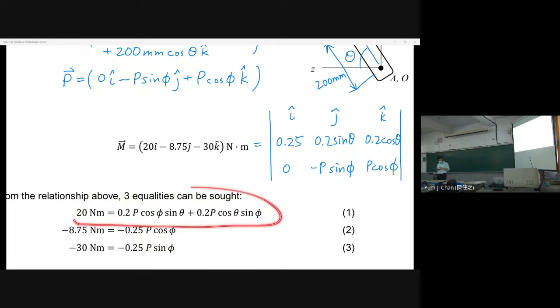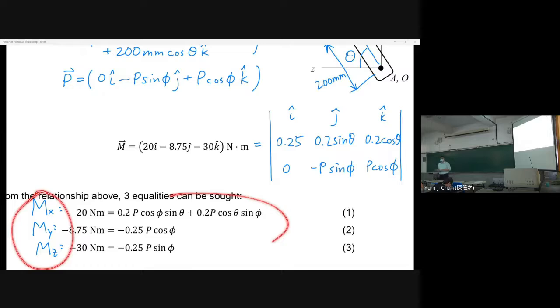This one comes from 20 equal to the product of this one minus the product of this one. The first equation comes from considering Mx, the second equation is My, and the third equation is Mz. To protect ourselves, please write this down in examinations. And then we get this.